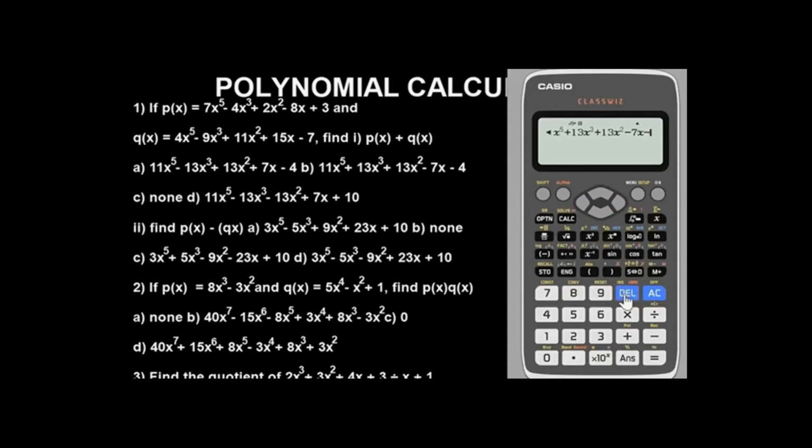What else do we need to adjust? Remove this 4 and put 10. Then remove this minus and put plus. That's the difference. Remove this minus again here and put plus. What else do we need to change? Remove the plus here and put minus. Hope I'm correct.